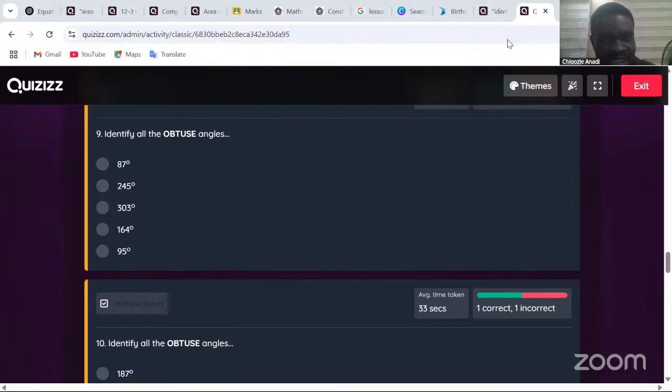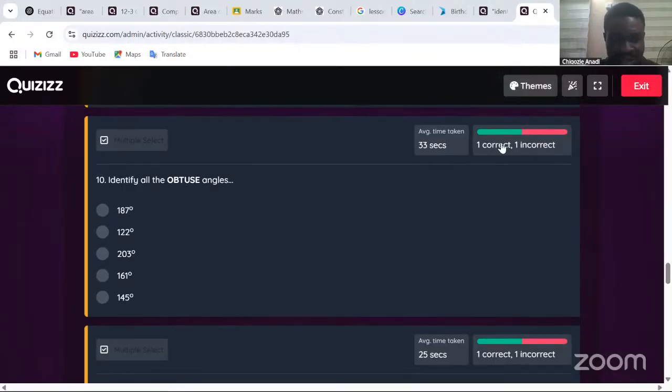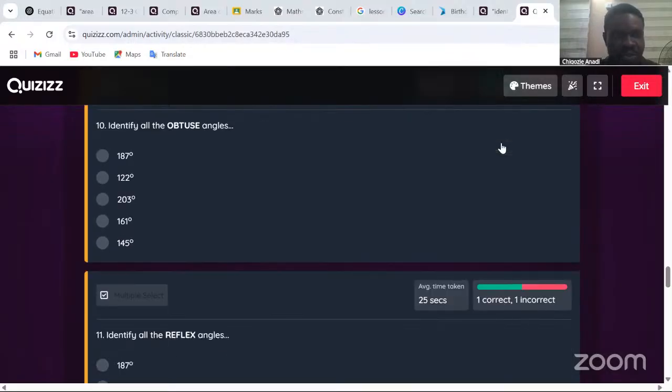Remember, greater than 90 degrees but less than 180. 302? Is 302 less than 180? Oh, 164. 164 degrees. Correct. Nice job. Next one, number 10, says identify all the obtuse angles.